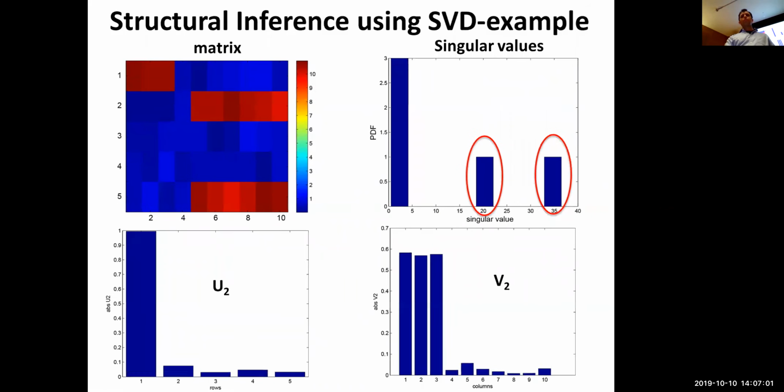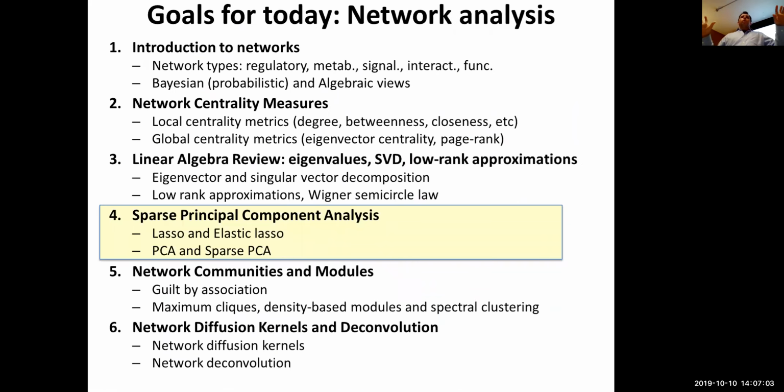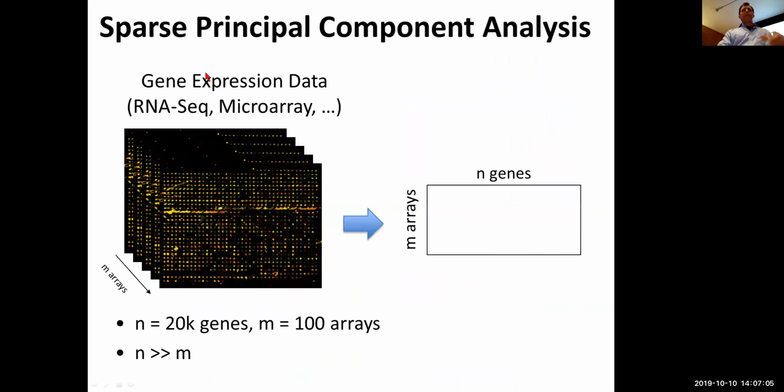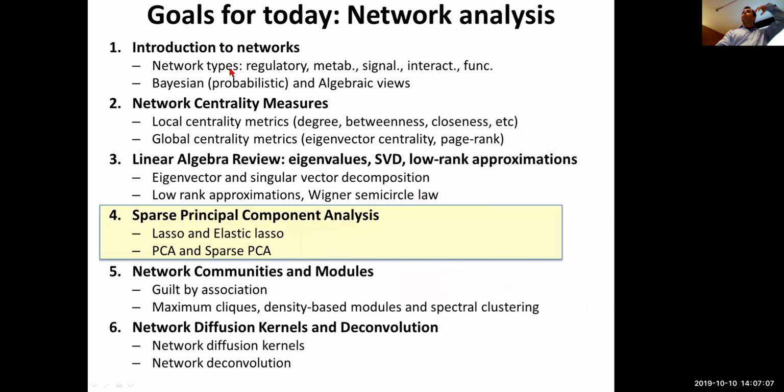Okay? So what we've talked about is where networks are found in biology, how we can represent these networks, both in probabilistic views and algebraic views, and how we can compute network centrality using different ways, both local ways and global ways, and some basic toolkits that we can use to compute on these matrices, on these transformation objects.